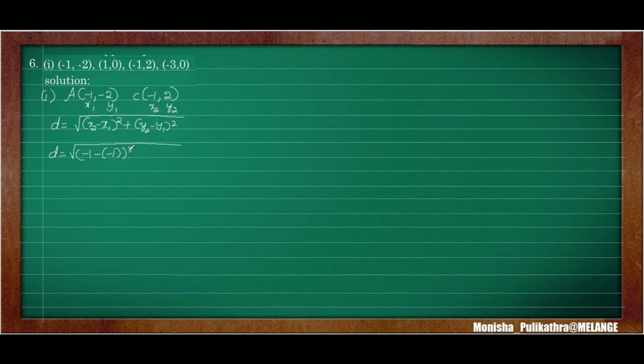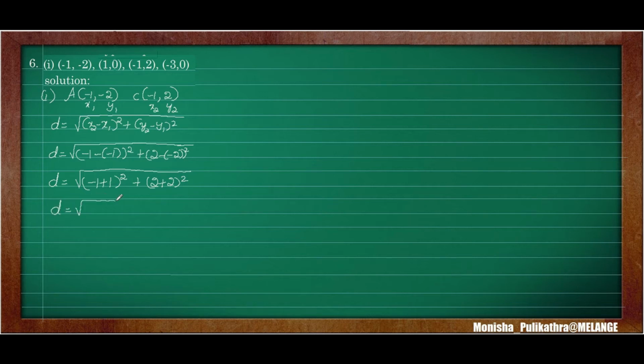So put a bracket here, plus y2 is 2, minus of y1 is also equal to minus 2. Okay, so D is equal to square root of, here minus 1, minus into minus is plus, (minus 1 plus 1) whole square plus (2, minus into minus is plus, 2 plus 2) whole square.